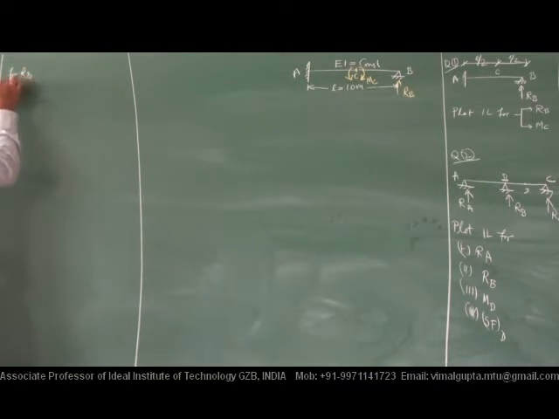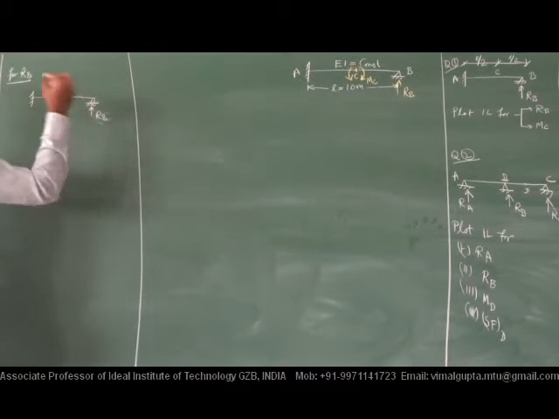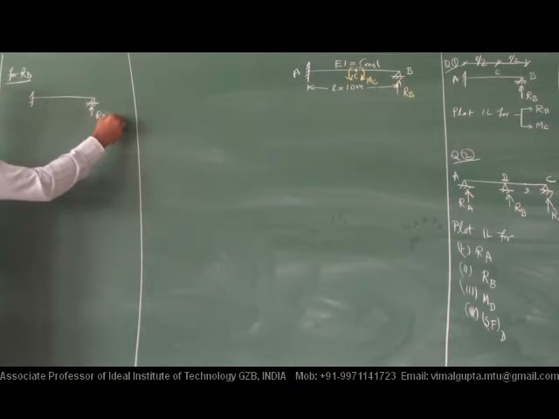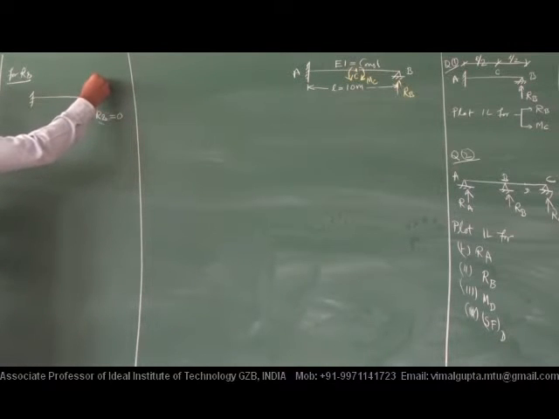For RB, according to the Müller-Breslau law, the first step is to remove this restraint, and second, provide unit displacement.